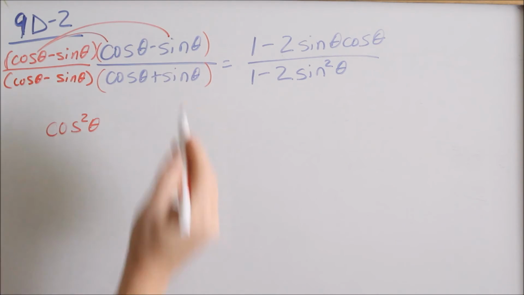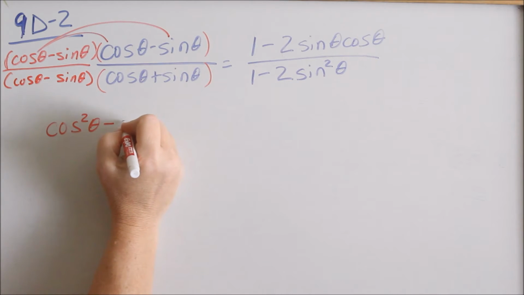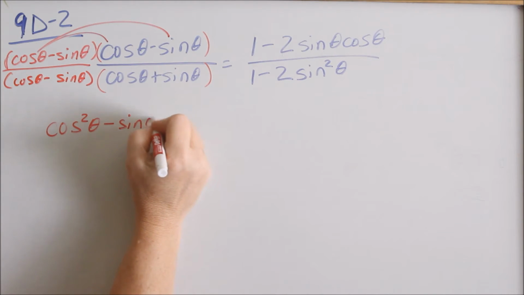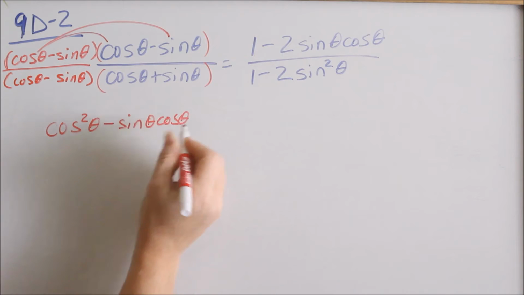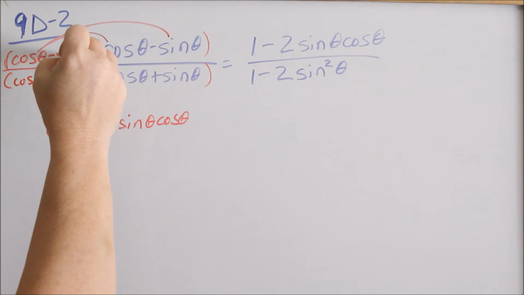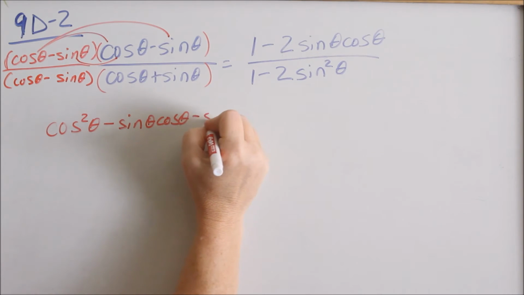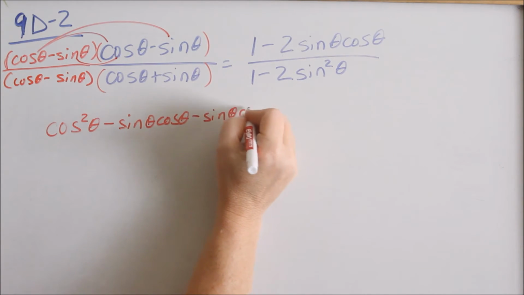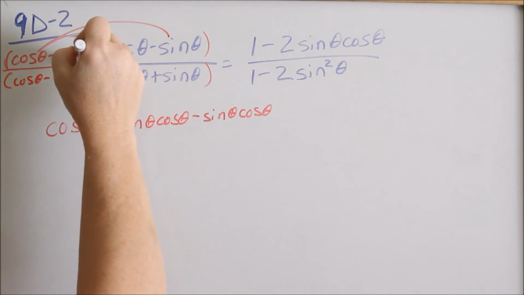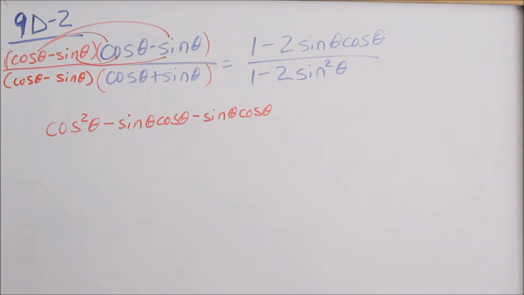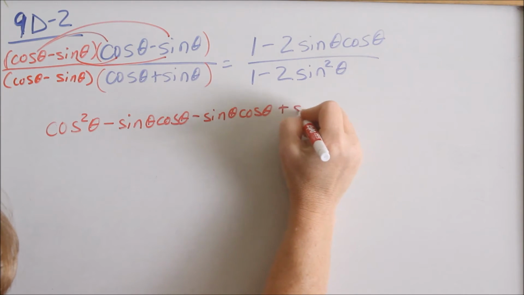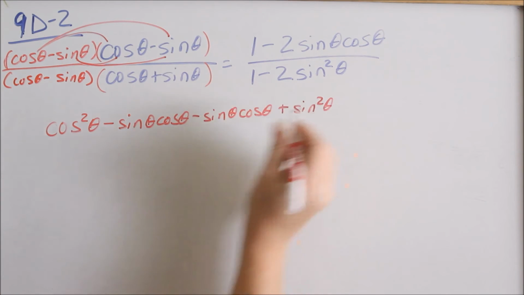Cosine times a negative sine would be a negative sine cosine. Now let's do the inside. A negative sine times a cosine would be negative sine cosine. And then a negative sine times a negative sine, negative times a negative, positive sine squared.